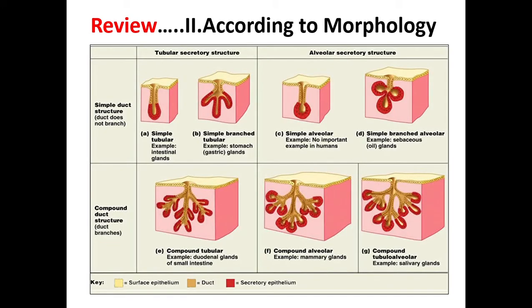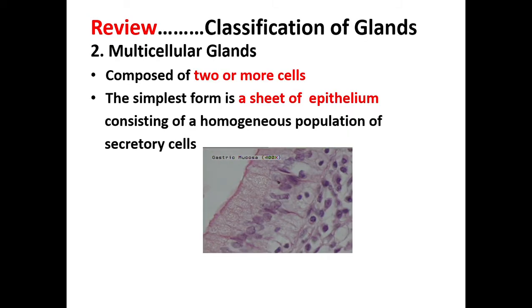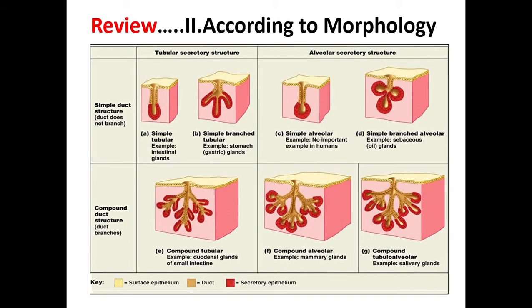The next criterion is based on the morphology of the gland or the shape of the glands. So we have the tubular gland and we have the sac-like structure, the alveolar glands.